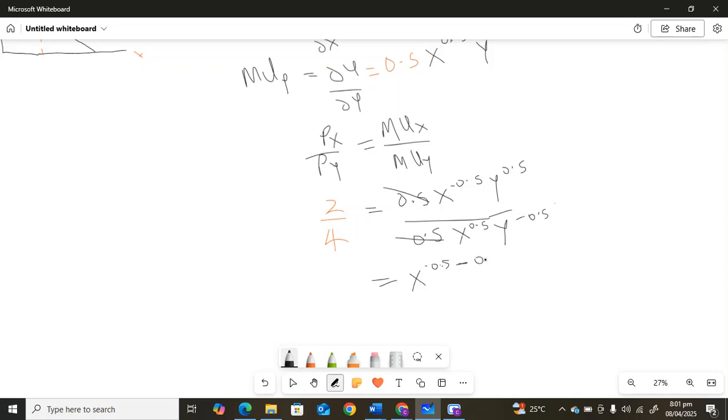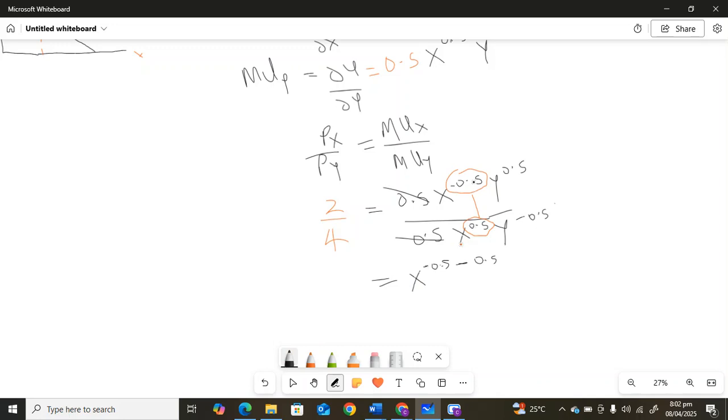Basically, this negative 0.5 in the numerator, we are subtracting this 0.5 in the denominator from it.